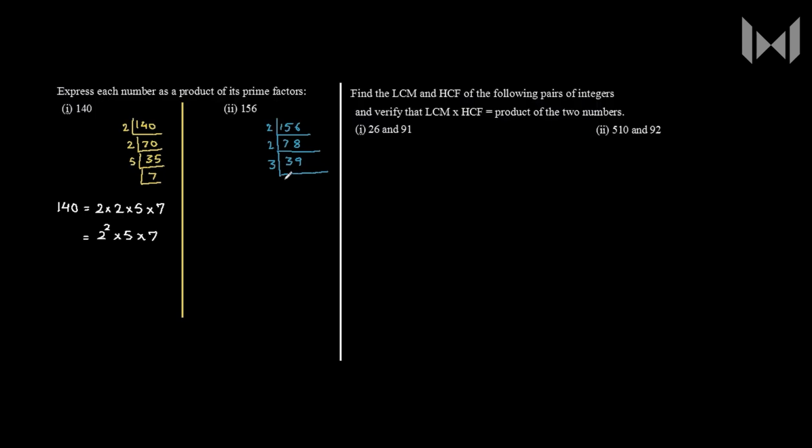Now dividing by 3 makes it 13, and we know 13 is a prime number, and so 156 can be written as 2 into 2 into 3 into 13, and that once again we can make it 2 square into 3 into 13.